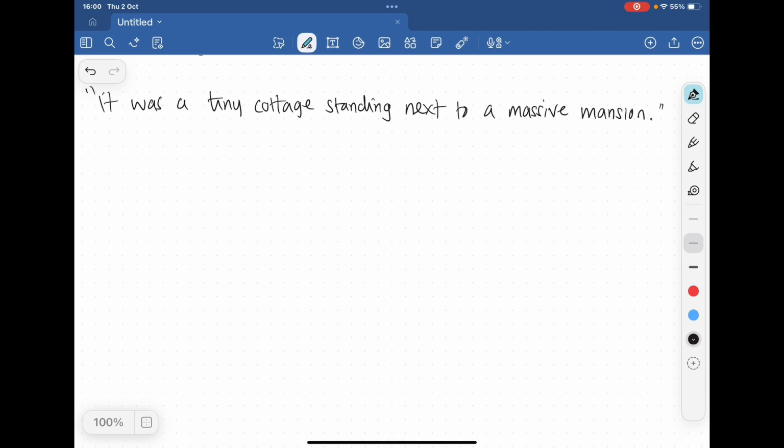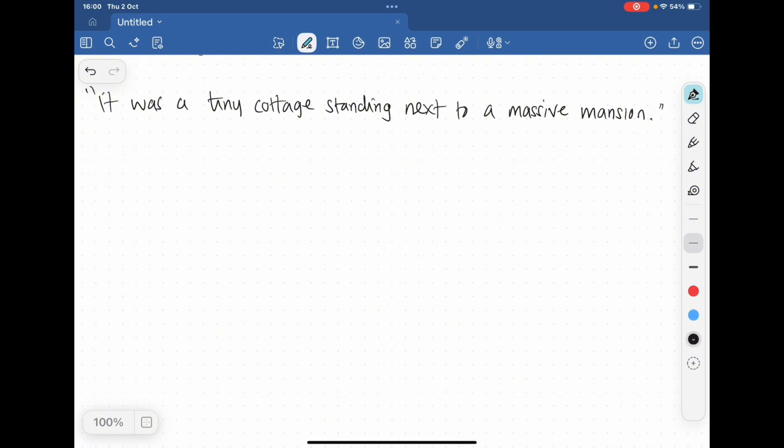Very closely we can see here that we're mentioning two different kinds of buildings, very close to each other. But again, they're not as close as you would have in an oxymoron. This is more across a full sentence, if that makes sense.